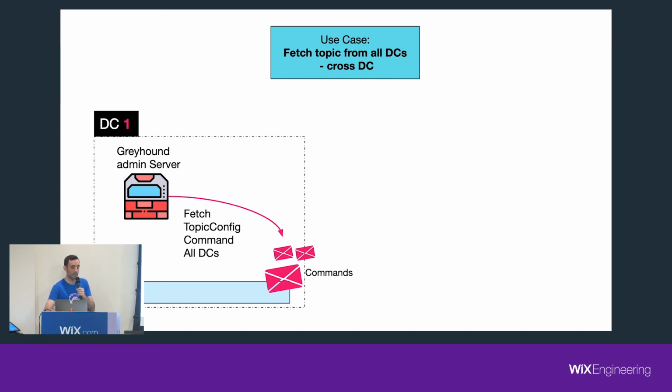So it utilizes Kafka, and the first thing it does, it puts the command to fetch the topic configuration from all the data centers into the Kafka partitions, the topic. And now it will consume it by itself because it can serve for its data center the topic configuration.